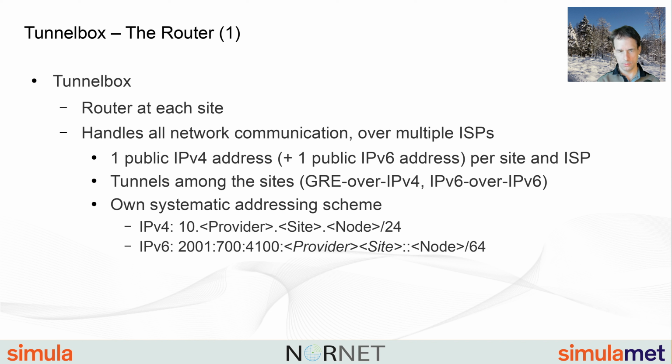And of course, since we use our own address range, this can be done quite systematically for IPv4. It is 10.provider_id.site_id.node_id /24 per site. And the same for IPv6 with our own IPv6 /48 prefix, giving each site its own /64 network.